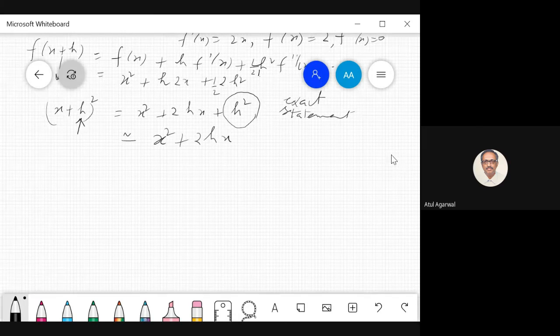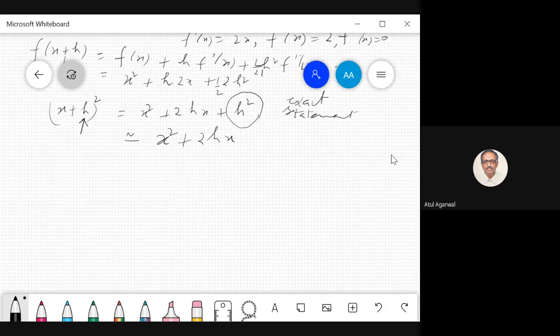So same thing is happening to this velocity. Now this velocity is a function of position and time. So how do you find dv?